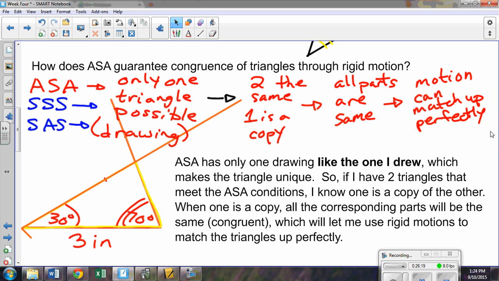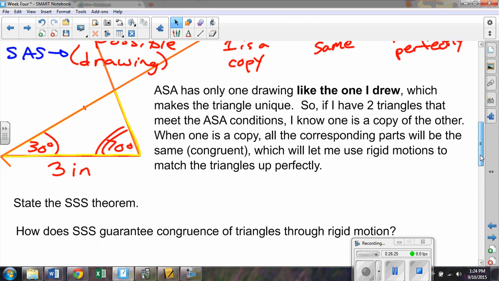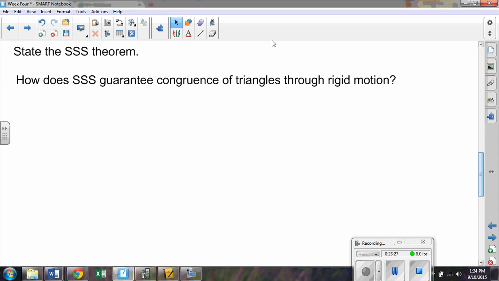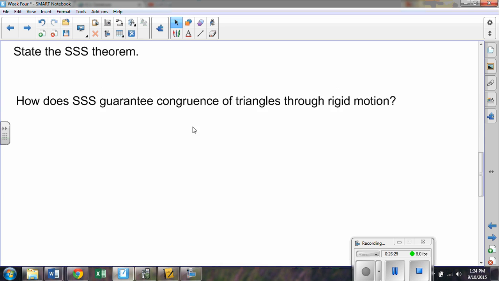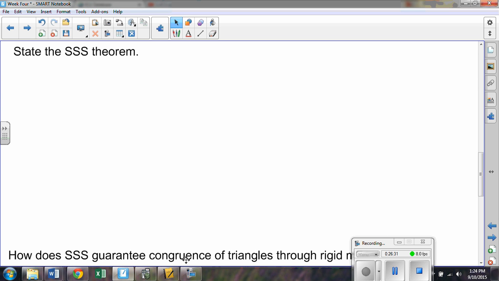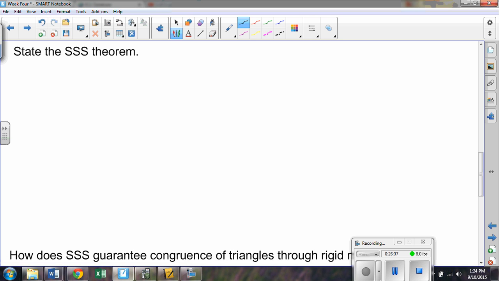Okay, so, all right, so continuing onward, state the side, side, side theorem. Pretty similar to the last one. If two triangles, and my board is glitching on me, it's not letting me write correctly.